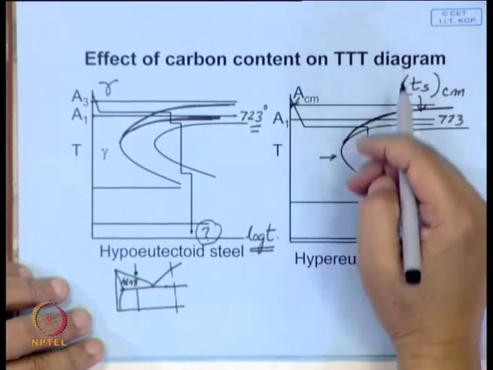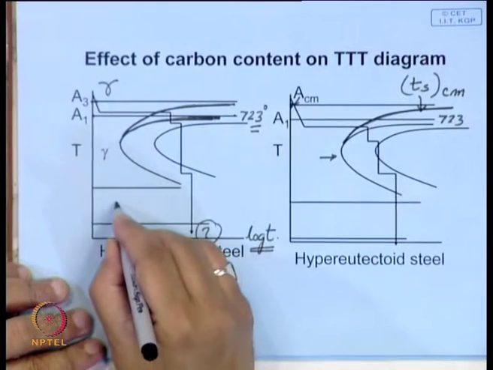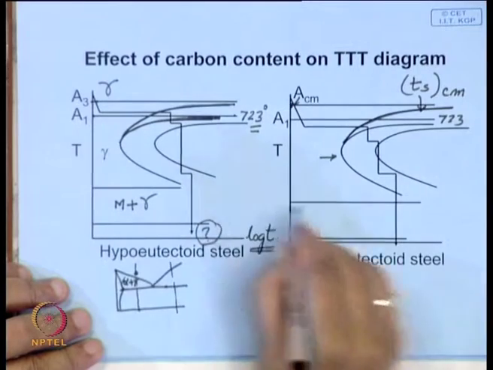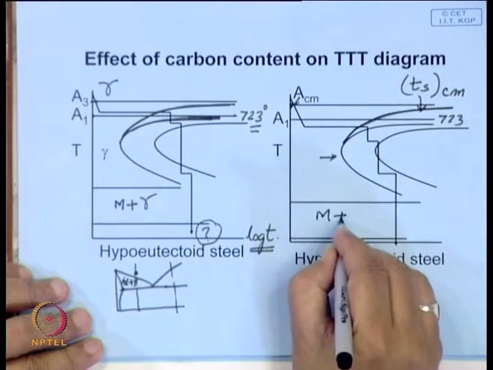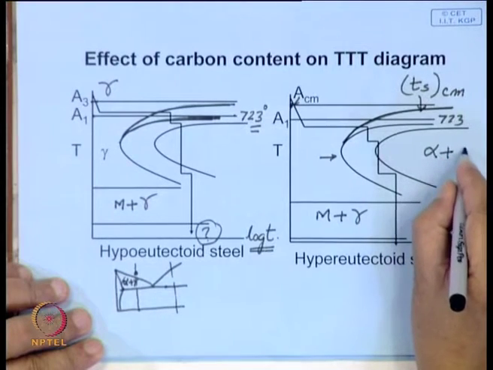The rest of the part I am not going into in detail, which is exactly the same. Here also you will get martensite plus austenite, and this side is ferrite plus carbide.